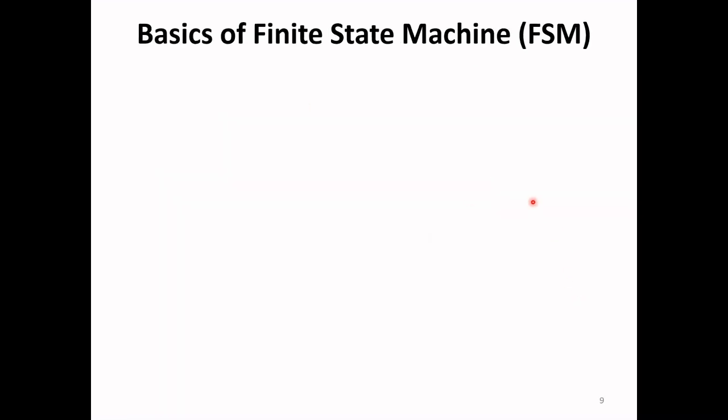Let us see how to design some simple finite state machines. For example, assume sigma is A, that is, the alphabet sigma consists of only one symbol, that is A, and the language to be generated consists of only one string, that is epsilon.